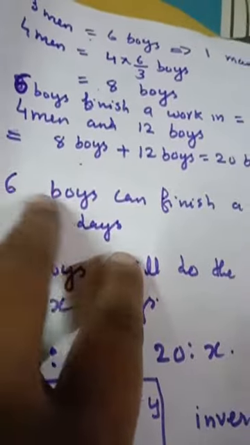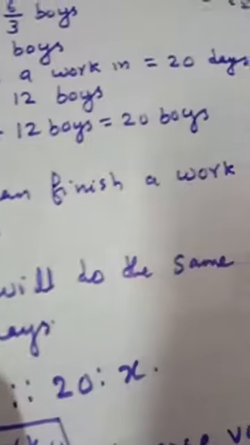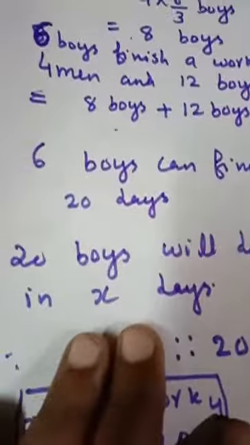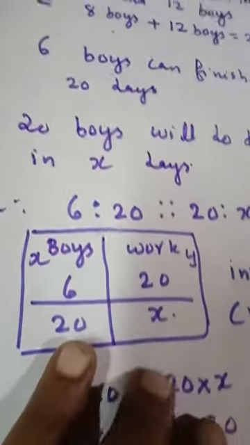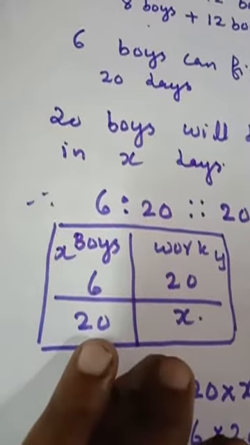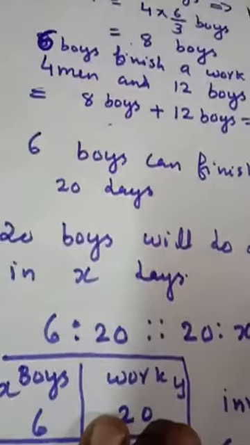So 6 boys can finish a work in 20 days. We already found it. So 20 boys will do the same work in x days. We don't know how many days they are taking. Here we can apply the unitary method. 6 boys can finish a work in 20 days.